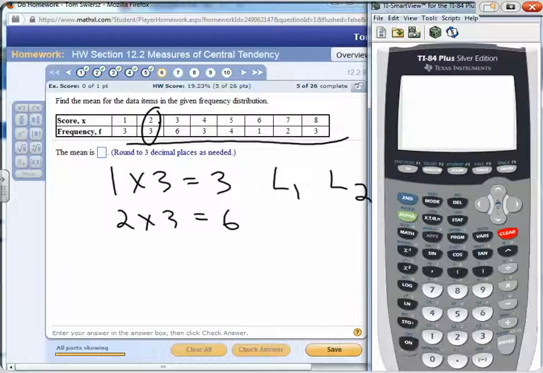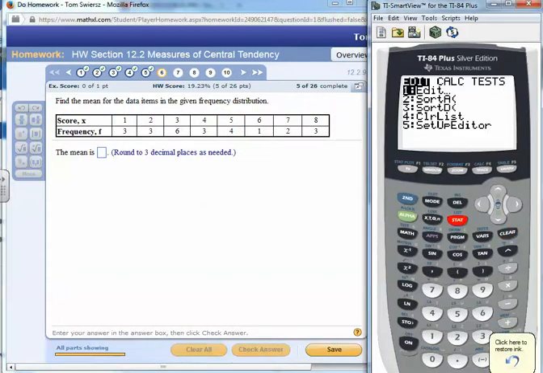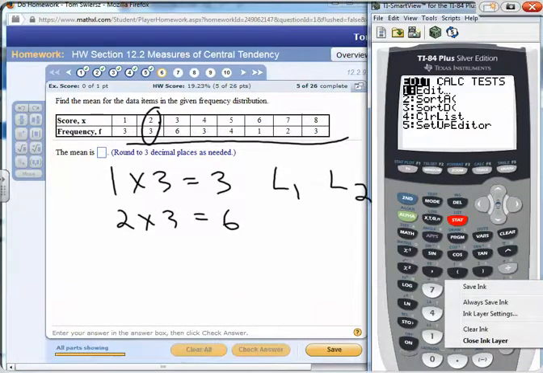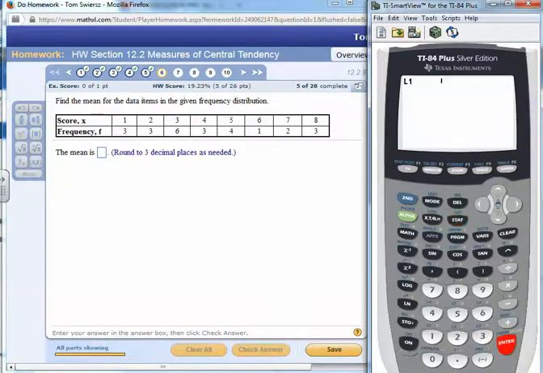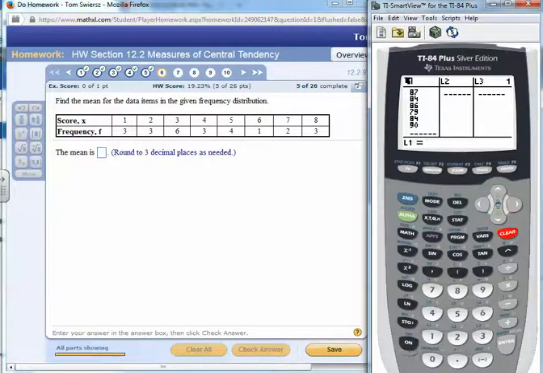So you can go ahead and go to the stat key, edit. And again, we got different values, so we're going to clear out L1.